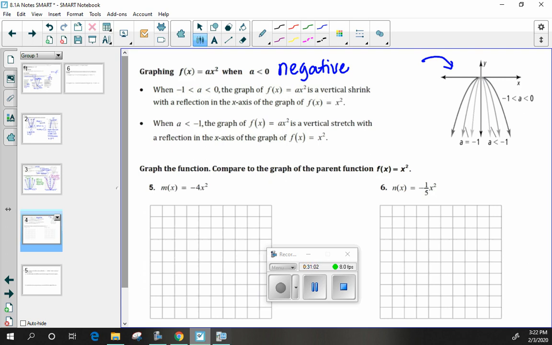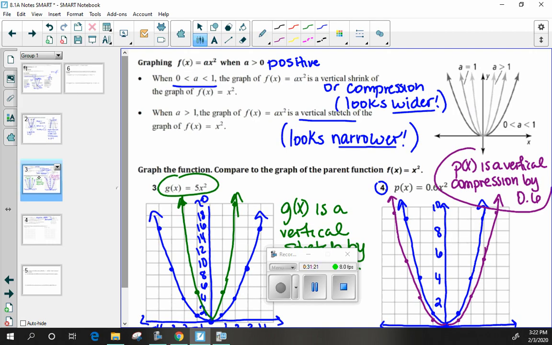When a is negative, our graph opens downward. Okay, and if we back up a little bit, let's do a nicer job with our notes here and qualify that if it's positive, then our graph opens upward.